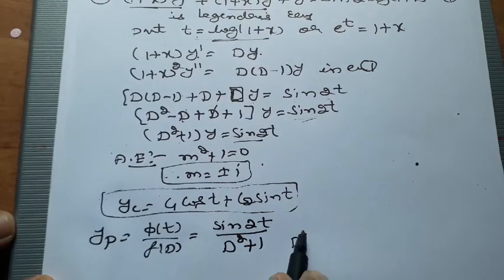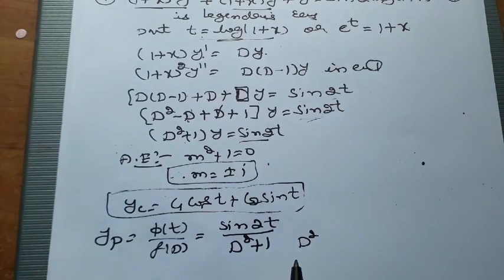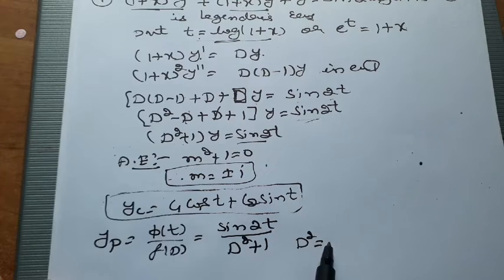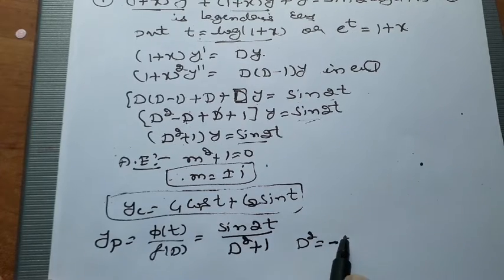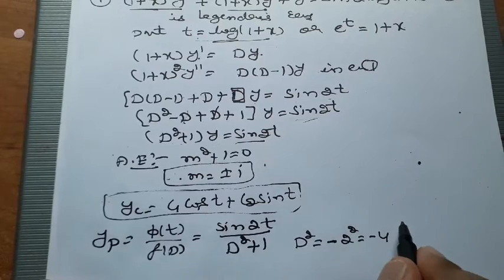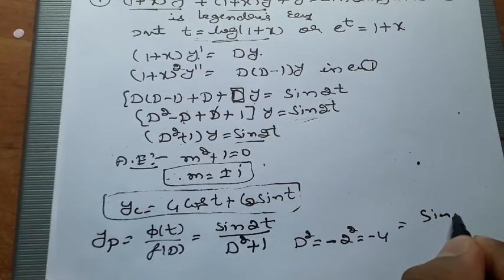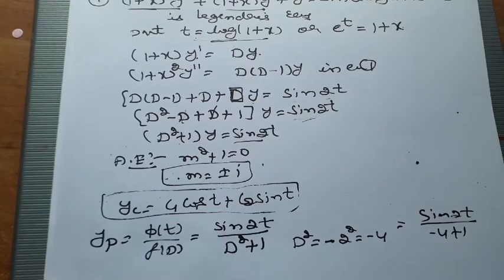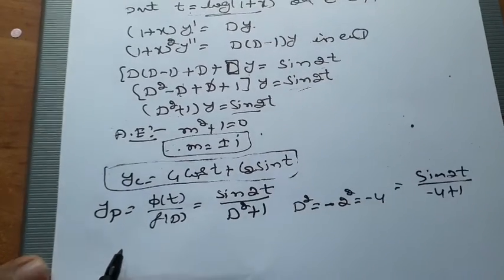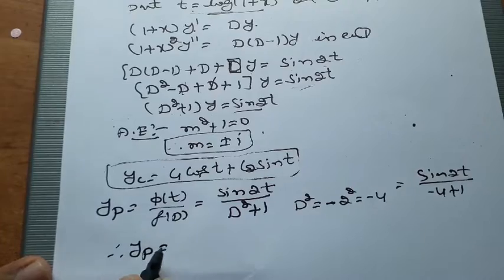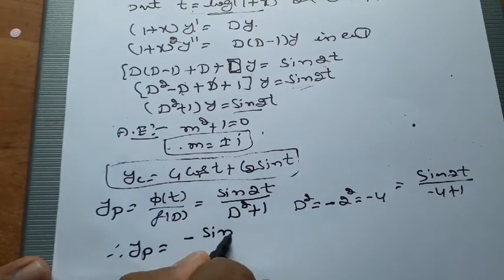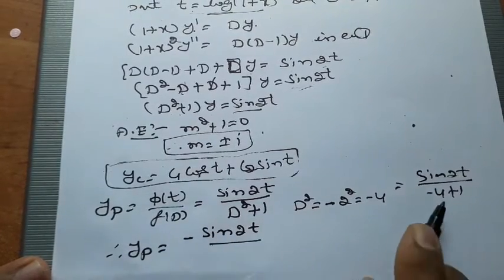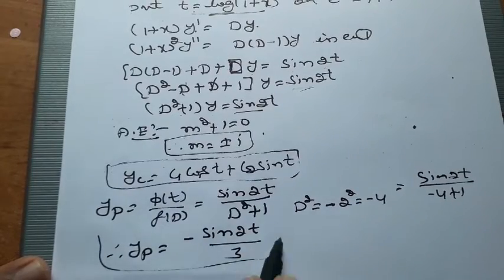This is a type 2 problem, so in a trigonometric function we replace D squared by minus a squared. A squared is 2 squared, that is minus 4. If I replace now, I get sin of 2t divided by minus 4 plus 1, which is minus 3. Therefore yp is equal to minus sin of 2t divided by 3. So this one is yp.